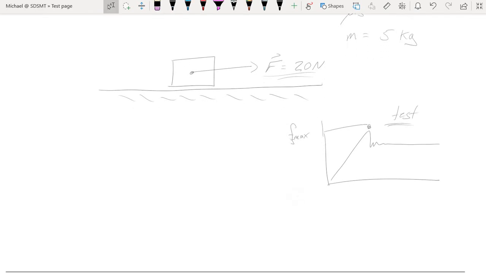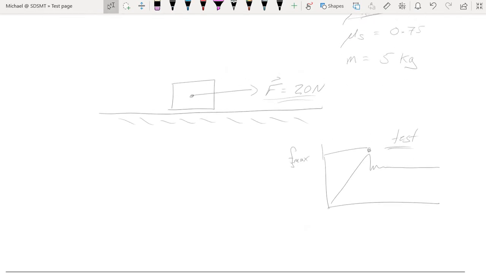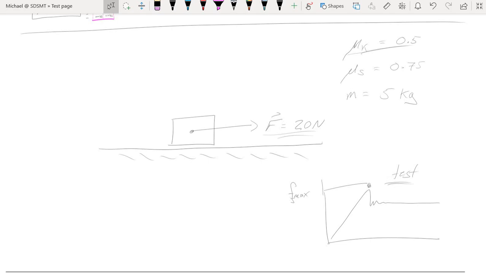So one step at a time, let's finish the picture and figure out what all the other forces in the system are going to be. Obviously we're going to have the weight of the block that pushes down into the tabletop, so the tabletop has to push back with a normal force. Our applied force is to the right. I'm going to put in a reference frame here real quick.